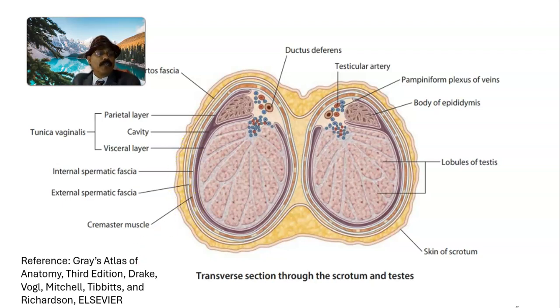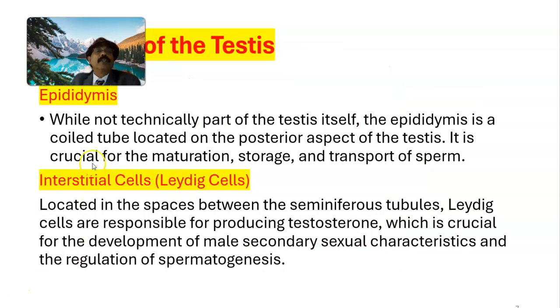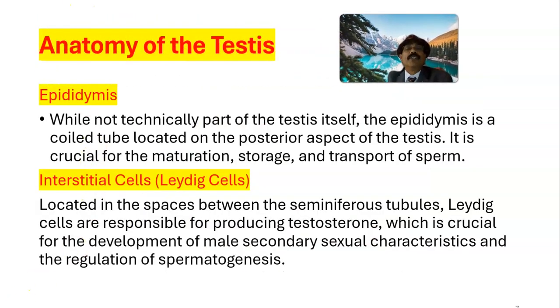Now we'll go to the epididymis. The epididymis is technically not part of the testis itself. It is a coiled tube located on the posterior aspect of the testis. It is crucial for the maturation, storage, and transport of sperm. It has a head, body, and tail. The interstitial cells of Leydig are located in the spaces between the seminiferous tubules.